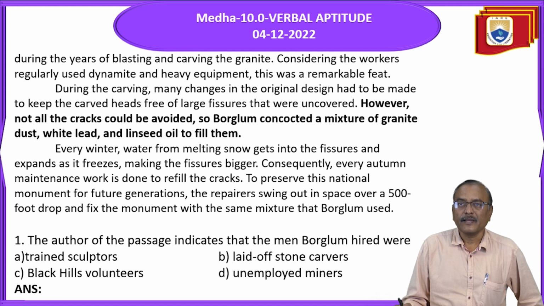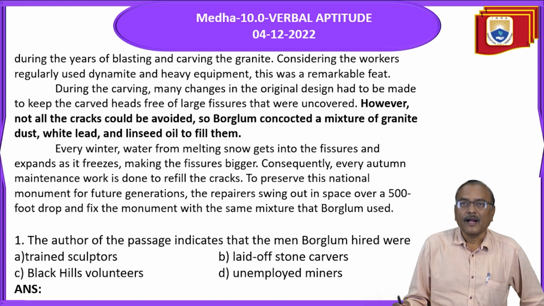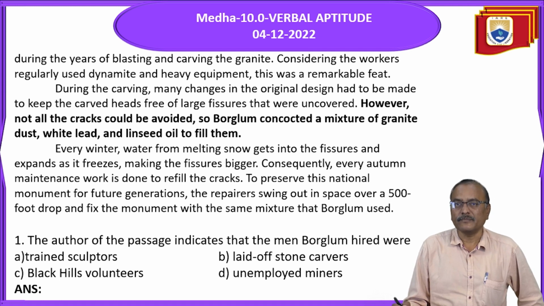During the carving, many changes in the original design had to be made to keep the carved heads free of large fissures that were uncovered. However, not all the cracks could be avoided, so Borglum concocted a mixture of granite dust, white lead, and linseed oil to fill them.